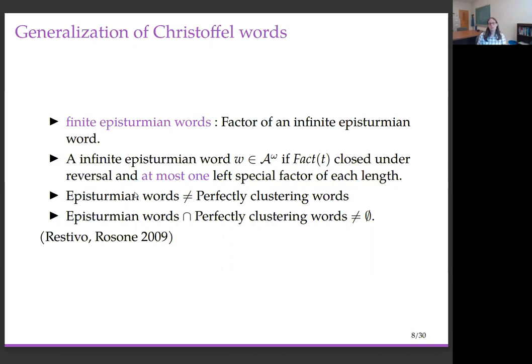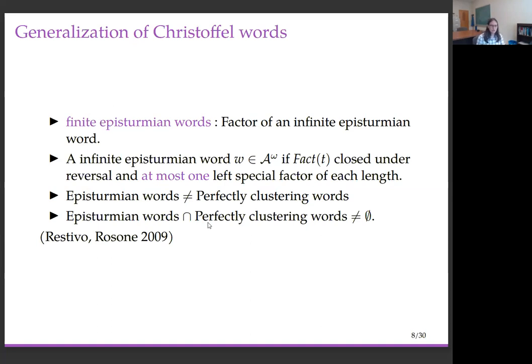It's interesting to study perfectly clustering words, because even though on the binary alphabet they are the same family of words, on the ternary alphabet and beyond they are not. So episturmian and perfectly clustering words are not the same set, but they still have a common intersection, which in fact coincides: a word is both episturmian and perfectly clustering if its factors are circularly balanced.